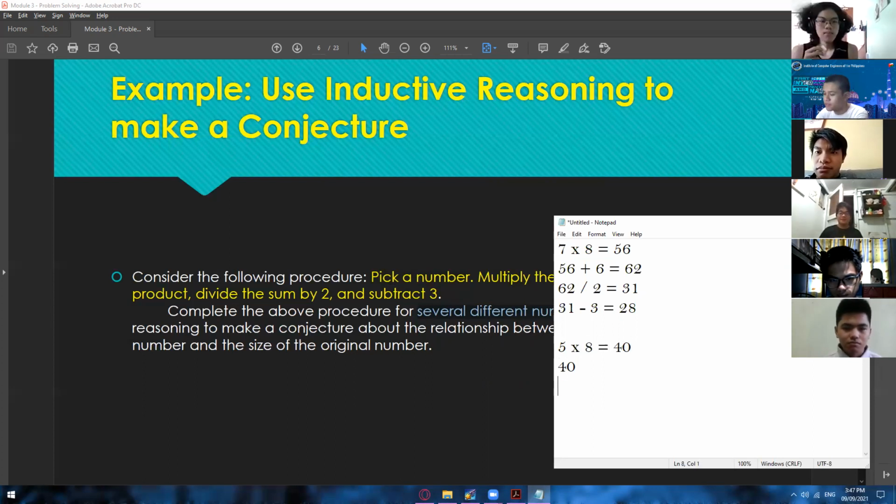And 40 plus 6 is 46. 46 divided by 2 is 23. And 23 minus 3 is 20.